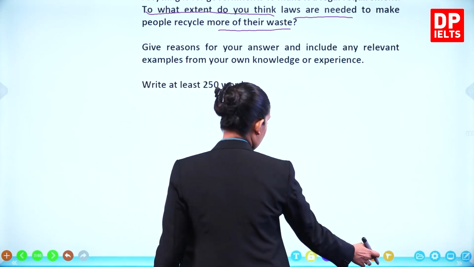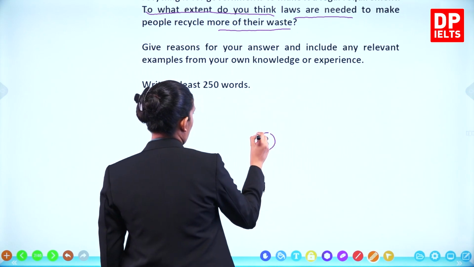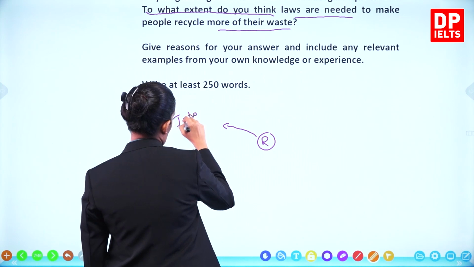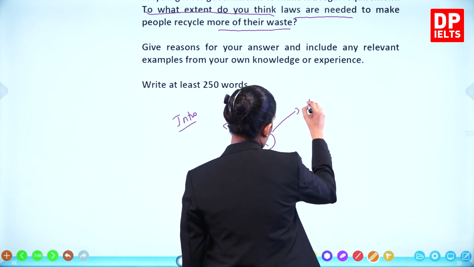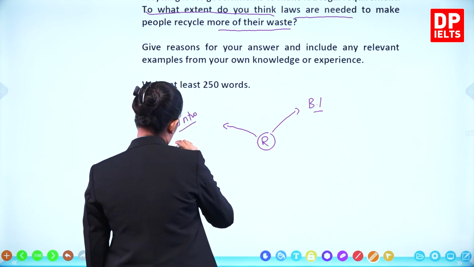Now, in order to start writing, I would draw up a little mind map. Intro, body 1. Right. So in the intro, I would paraphrase the question.